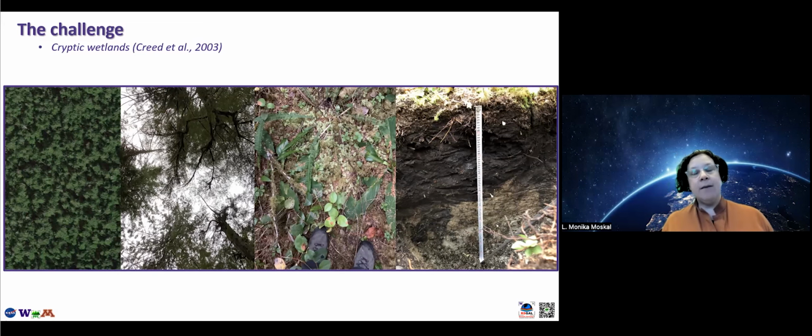Because if it is, it means it's storing a lot of carbon in the soils and below ground. Most of the time, you could look down, and if you're a wetland ecologist, you might start to identify vegetation that is associated with wetlands. But really what you need to do is start digging.